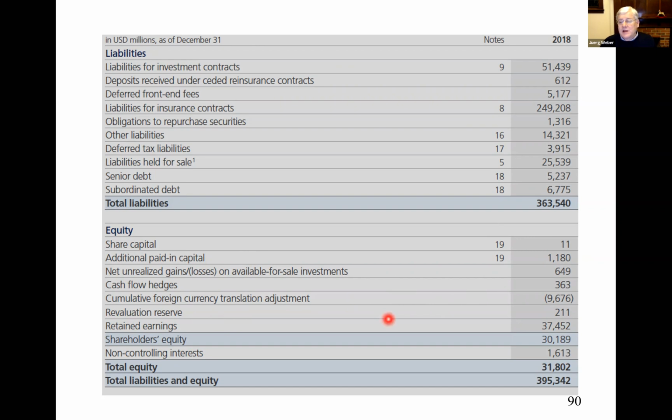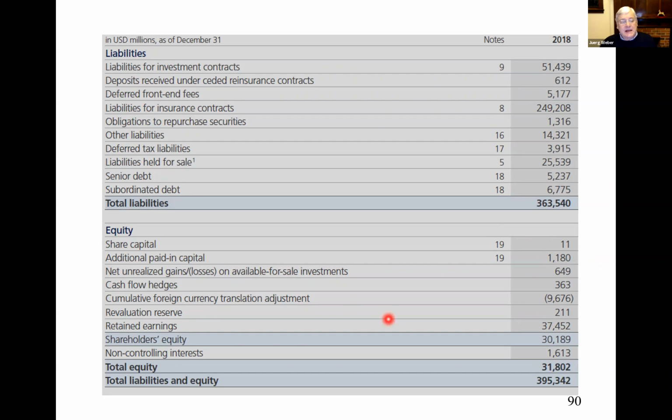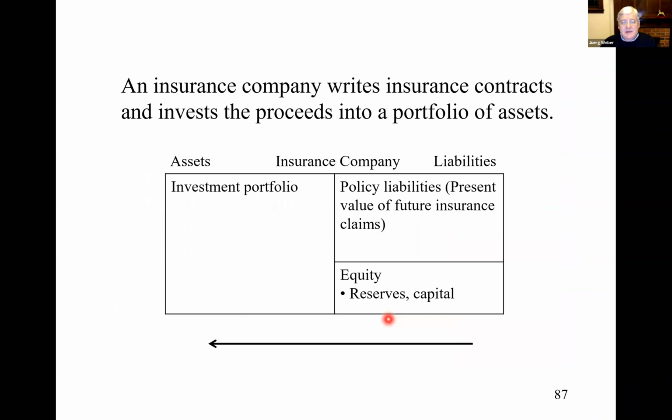Okay, so those are the assets and the liabilities of banks and insurance companies. And really the banking business is not so different from an insurance company. People pay money into those financial institutions. In the case of an insurance company, you get the money back when you are sick.